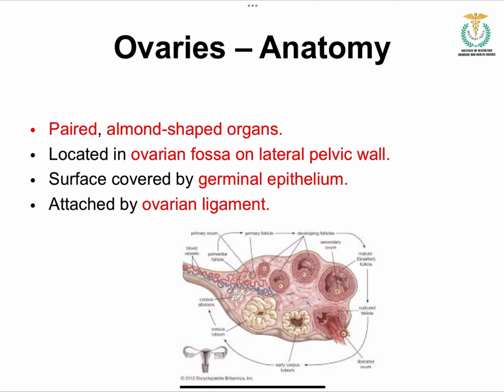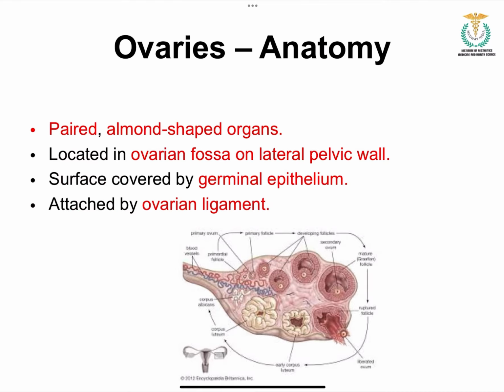As you can see in the pictures in the previous slides, the ovaries are paired, almond-shaped organs. The fallopian tube carries the ovary, so they are on both sides of the uterus.